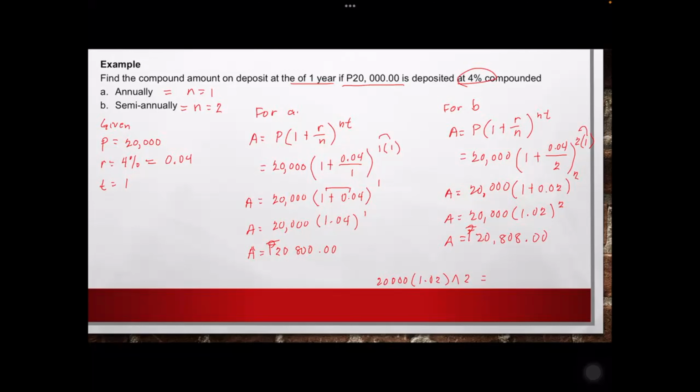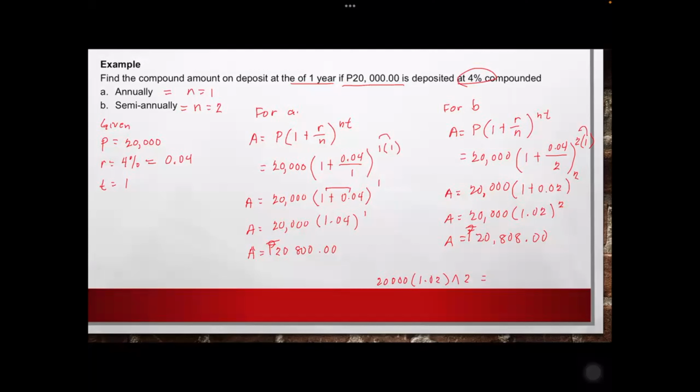Okay? So here, kung magde-deposit ka, huwag mong pipiliin yung annually, kasi isang beses ka lang lalagyan ng interest yan. Ang pipiliin mo, semi-annually or mas maganda monthly or pinakamarami, kasi every month bibigyan ka ng interest nun.